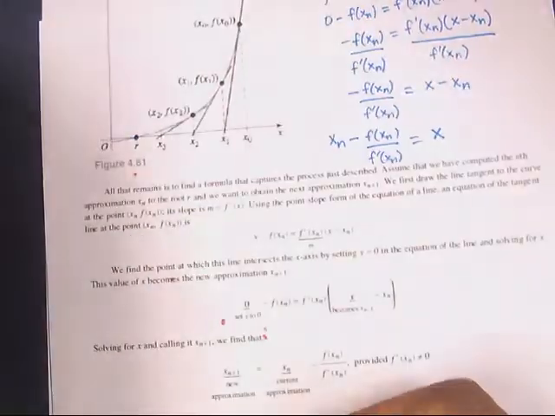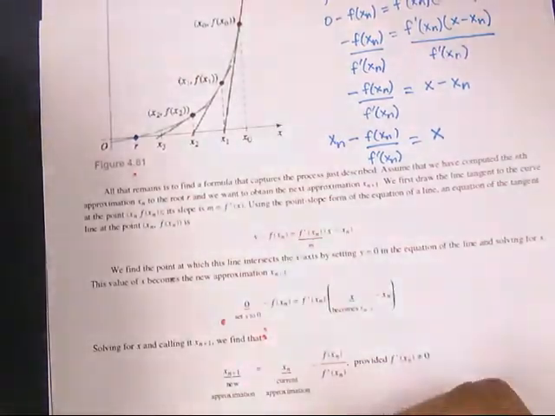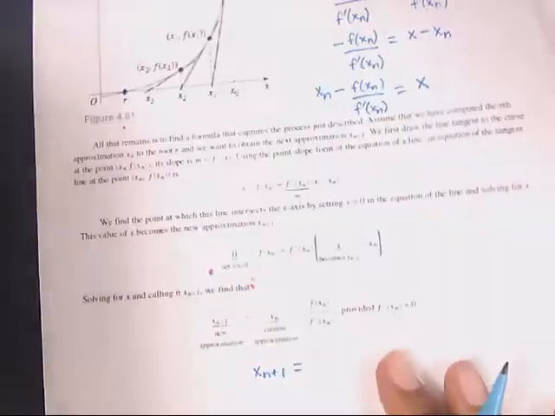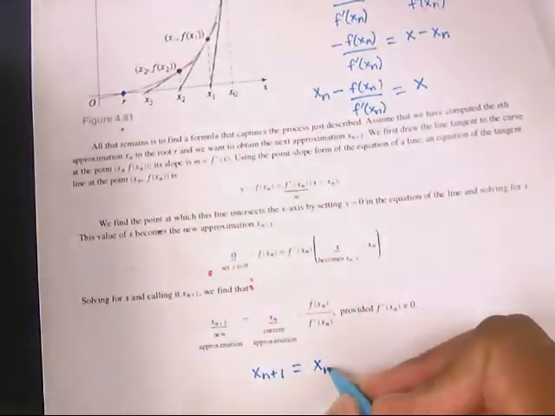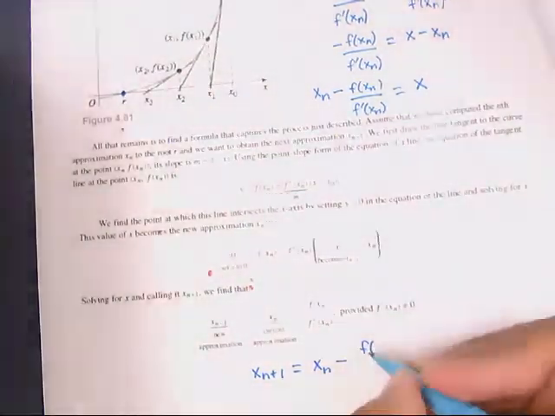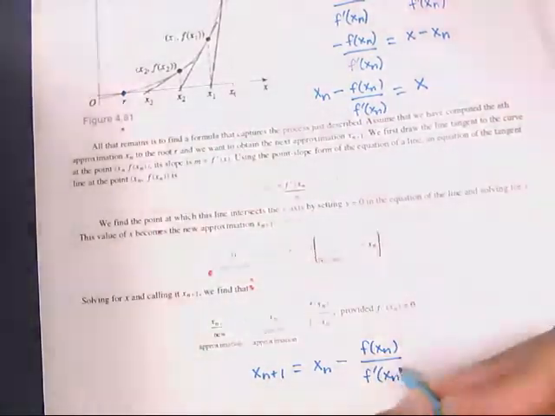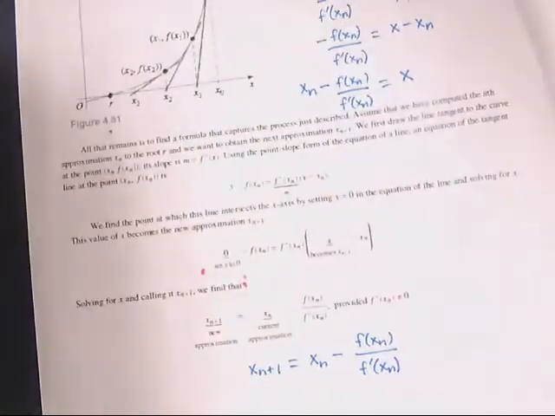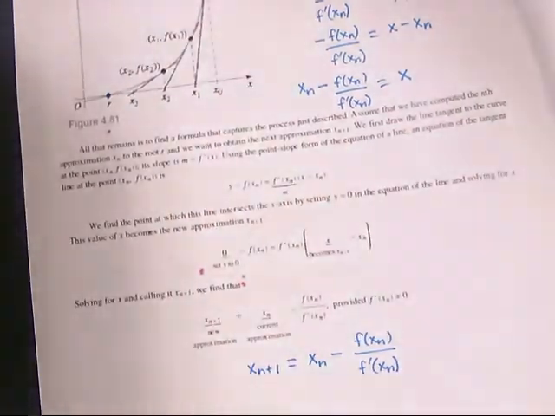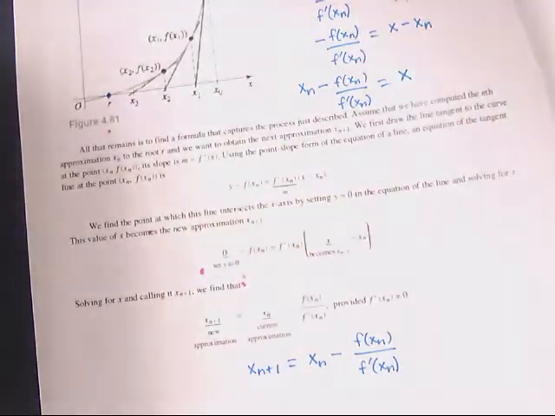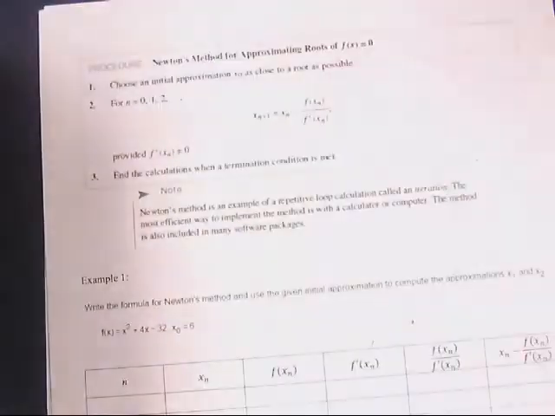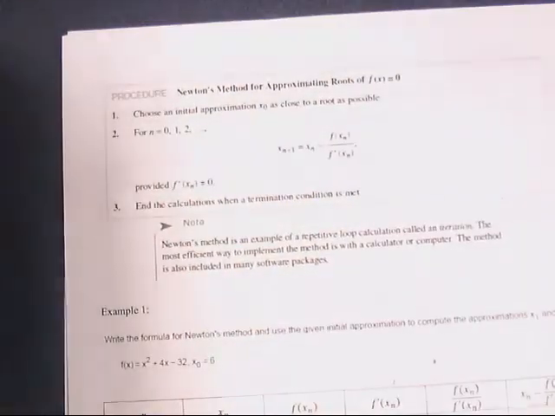That x will be replaced with x of n plus 1, and that's going to be equal to what I came up with: x of n minus f of x of n divided by f prime of x of n. So this right here represents Newton's method. Okay, so that's Newton's method for approximating the roots of f of x equals 0.